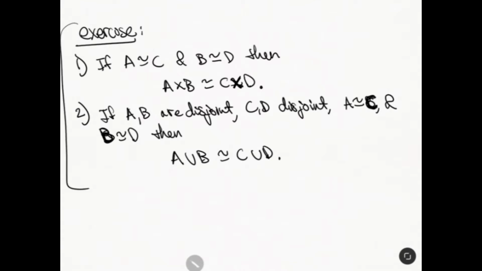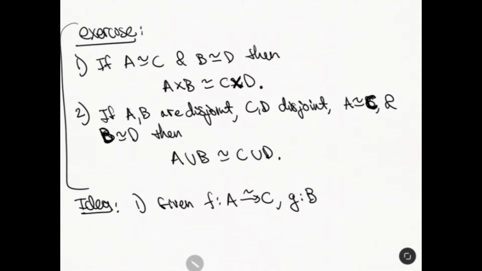So the ideas. For the first part, you're given F, a bijection from A to C, and G, a bijection from B to D. I'm writing this little tilde here to show an isomorphism.